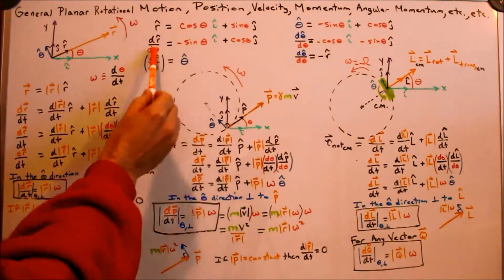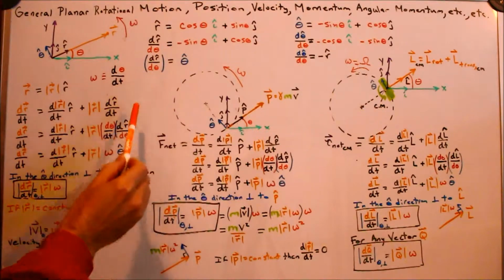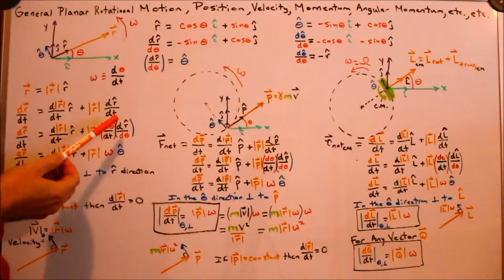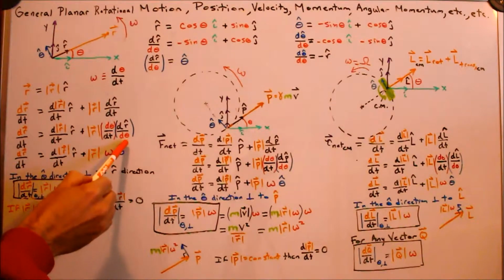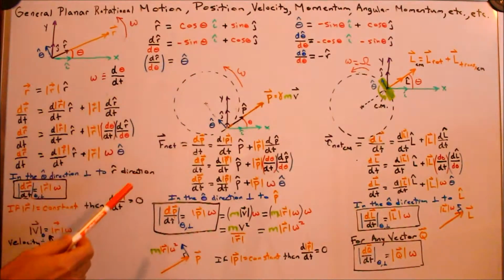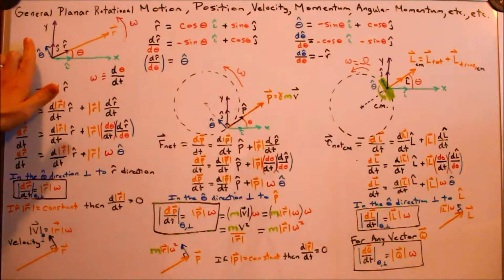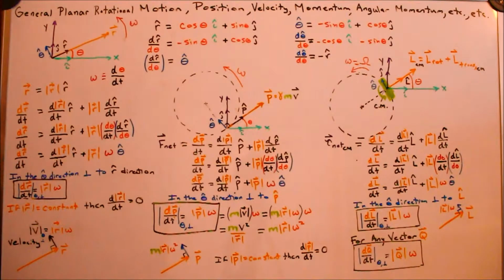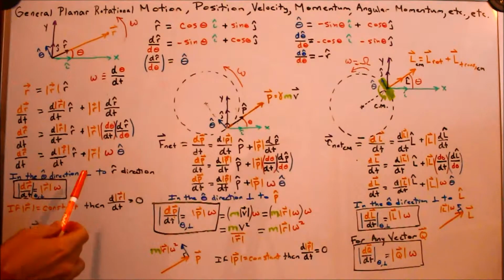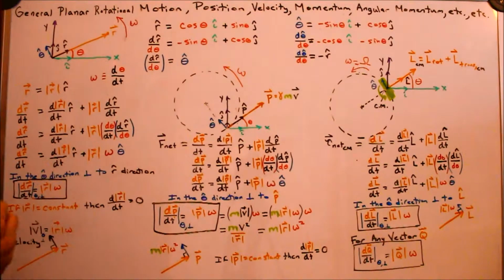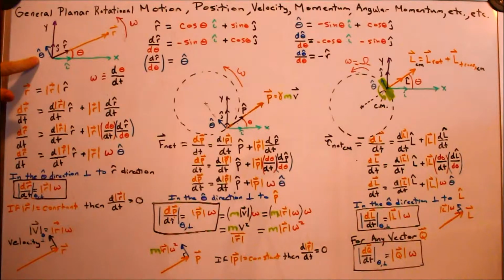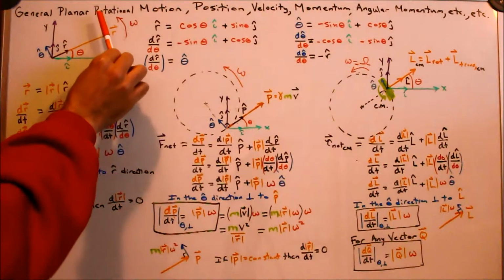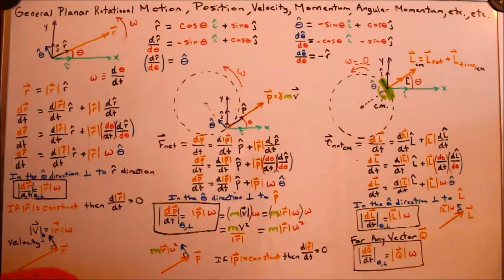The derivative of the unit vector r hat with respect to theta is theta hat, which is whatever is perpendicular to it. So that's in the theta hat direction.